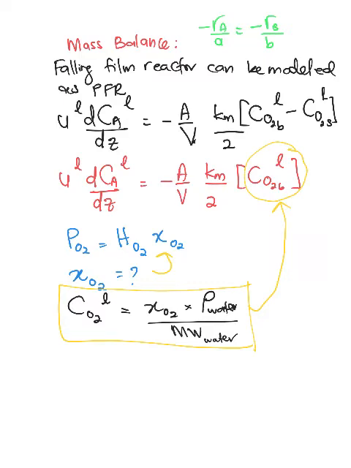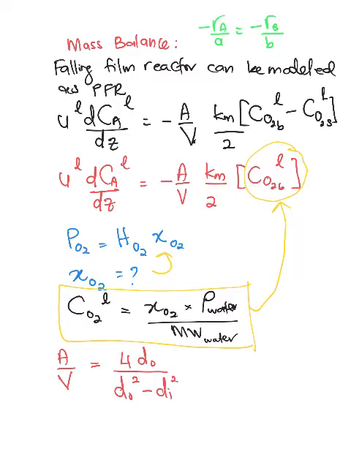For A over V, in this case, because the reaction occurs on the surface of the catalyst at the wall, A over V is 4 D naught divided by D naught square minus DI square.